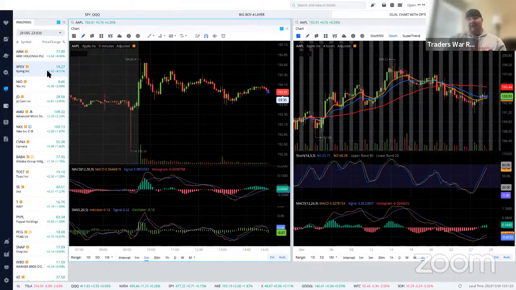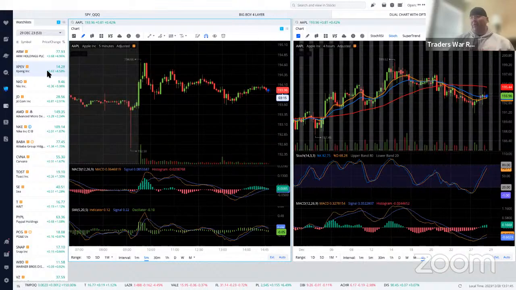We want price action that supports our theory, whether we're looking at a bull case scenario, a bear case scenario, or maybe even a neutral scenario. And then we want things that are popular that other people are looking for, because that's what's going to give us the dramatic move, the lotto. Things that aren't popular, things that people aren't really getting into, are not going to give us what we're looking for.